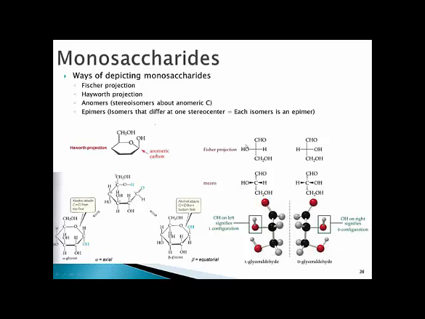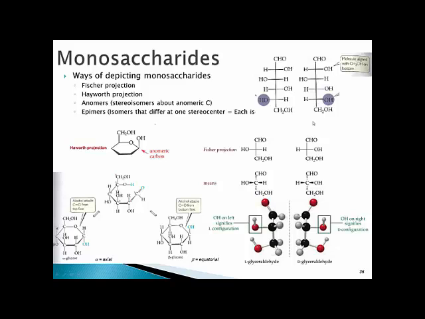If it's on the left it's an L, and if it's on the right it's a D sugar. Okay, so let's try this example here. Looking at the carbon up from the CH2OH, on the left it would be an L and on the right it would be a D.